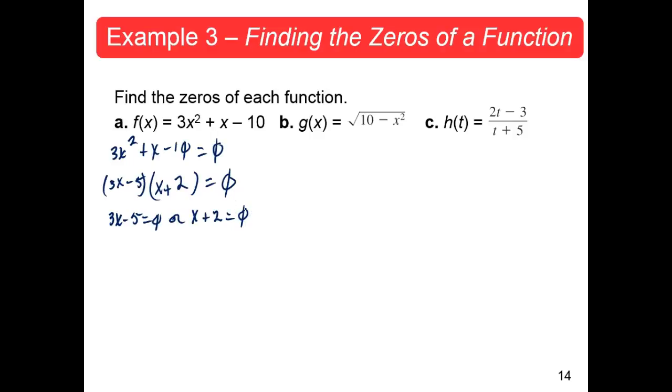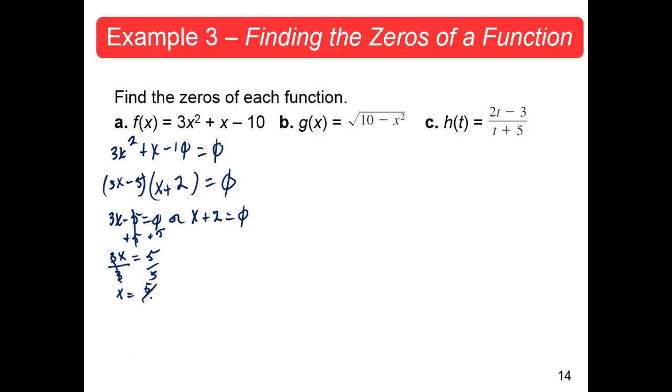What do we do with that first one? Add 5 to both sides, and that gives us 3x equal to 5. And then what? Divide both sides by 3. You're trying to isolate the x, so you have x equal to 5/3.